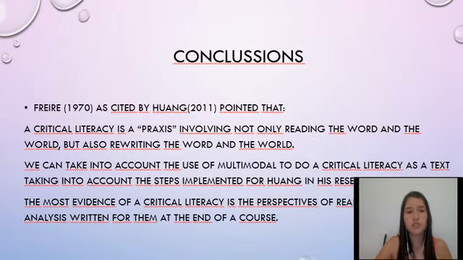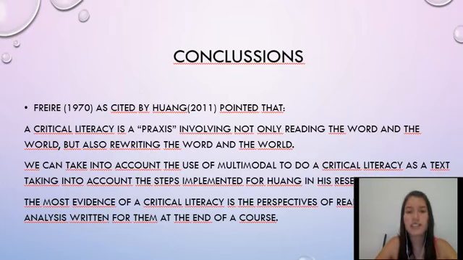As a conclusion, I want to say, like Freire in 1970, as cited by Yuan in 2011, pointed out that critical literacy is a practice involving not only reading the word and the world, but also rewriting the word and the world.